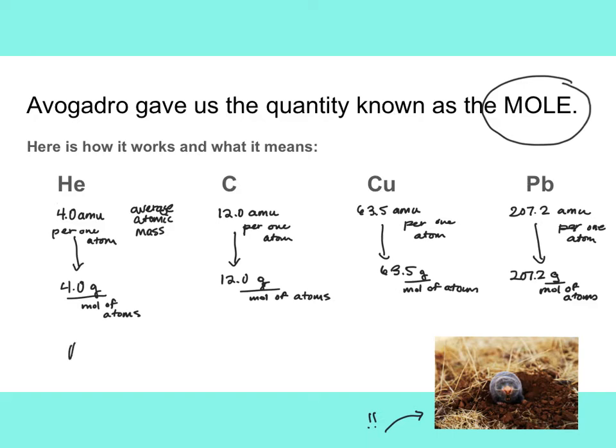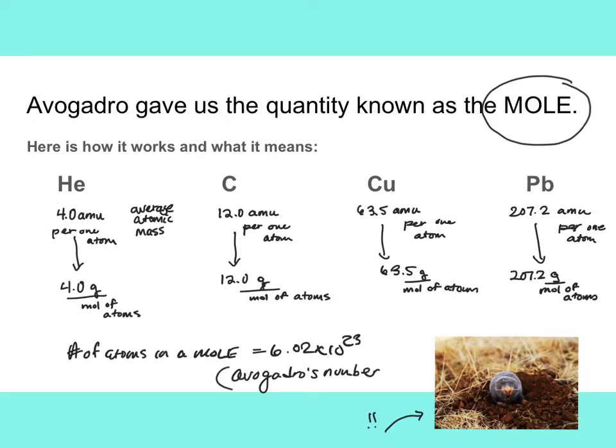This number of atoms in a mole is equal to 6.02 times 10 to the 23rd. This is known as Avogadro's number, okay?